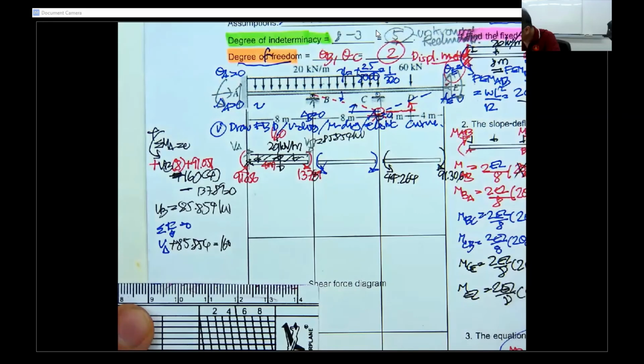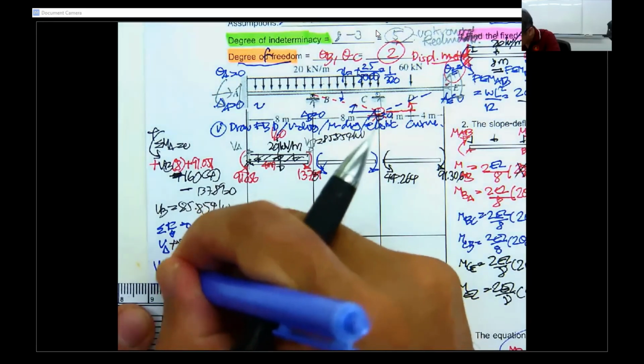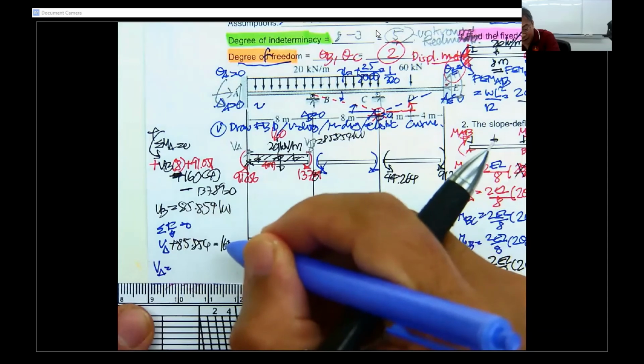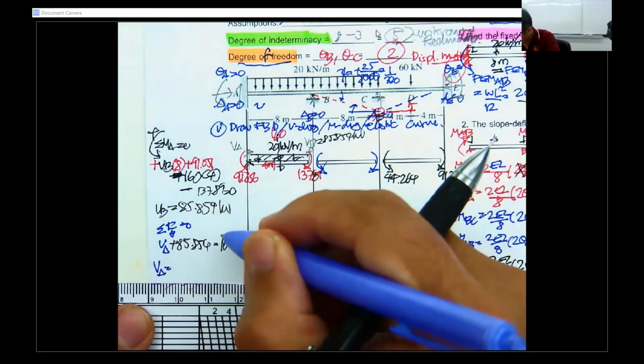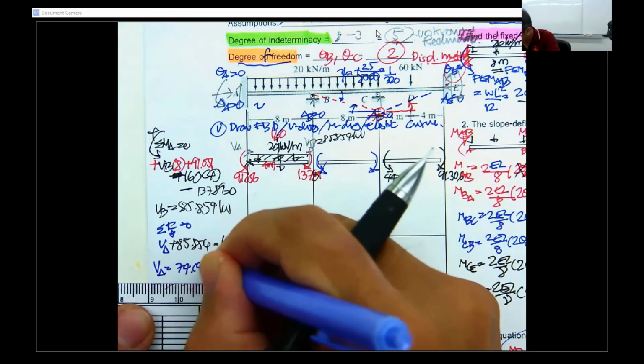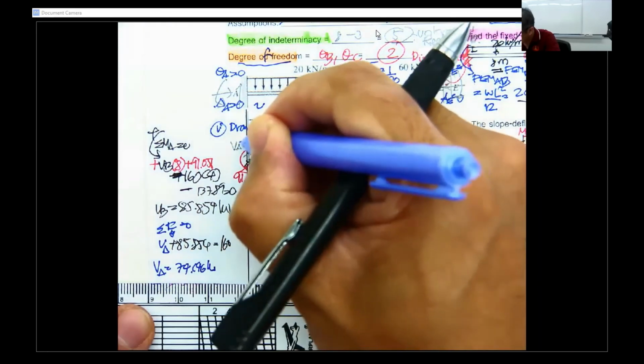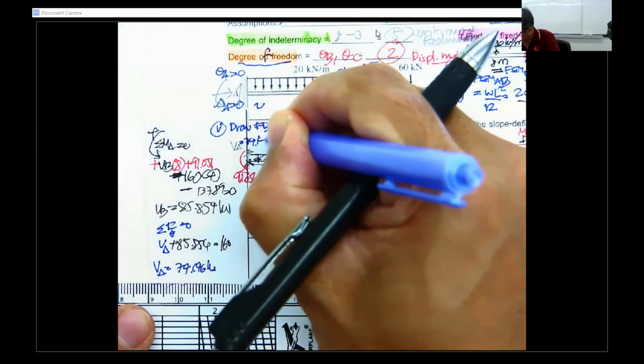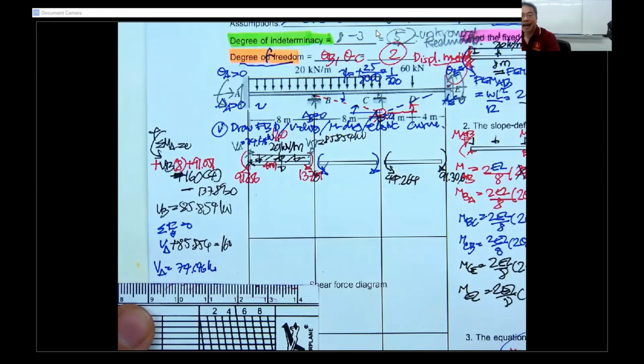So your V sub A over here is going to be 74.146 kilonewton. And then you have to work on the others.